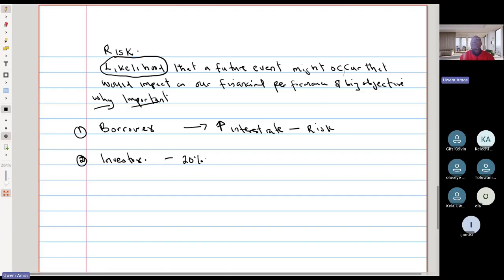But then you are concerned that when that investment matures, when you're about rolling over, the interest rate on that investment might, for example, drop to, say, 10%. That is a risk because if it drops, you lose money.